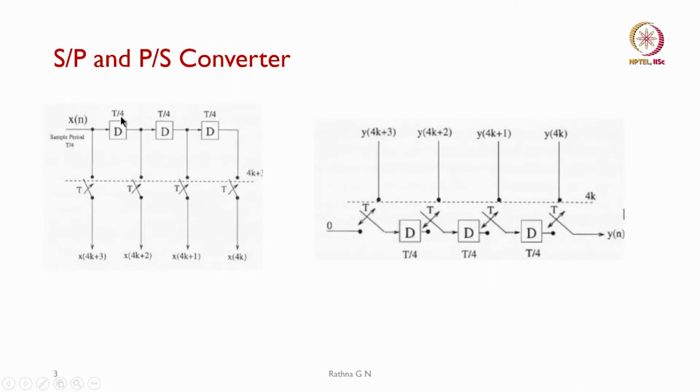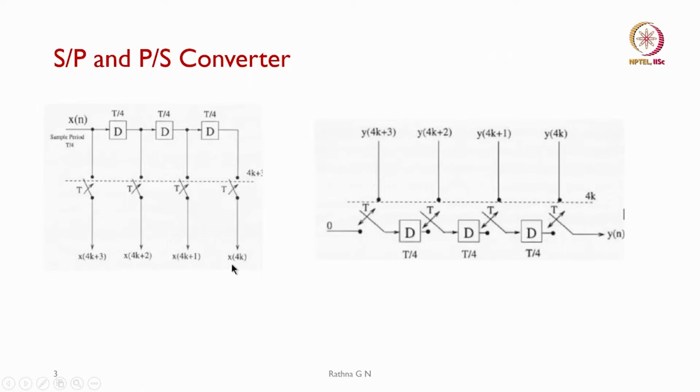Every T by 4 clock cycle you switch on one of the units, so all the 4 inputs are ready after my T clock cycle. This is how we feed in all the 4 in parallel.